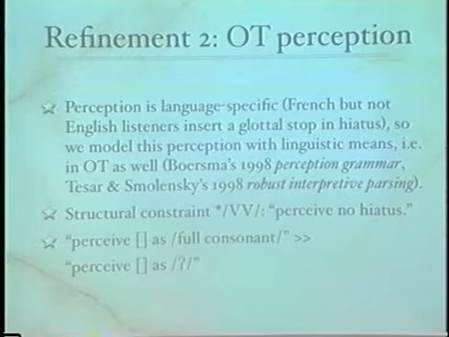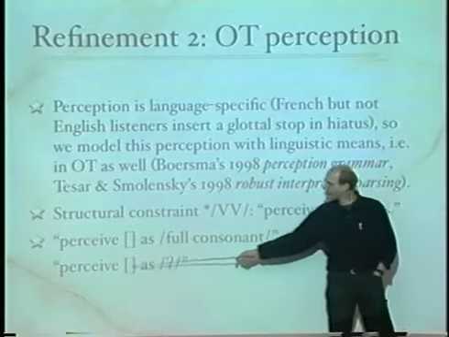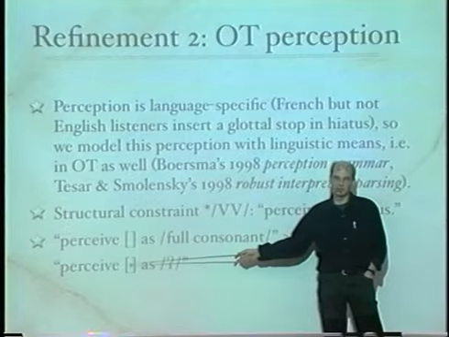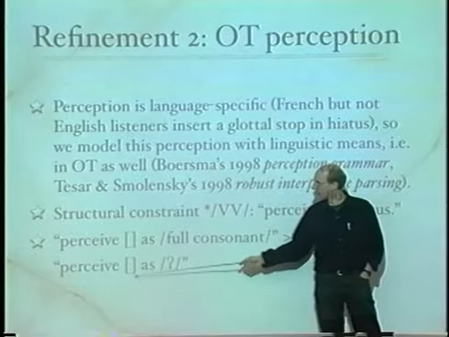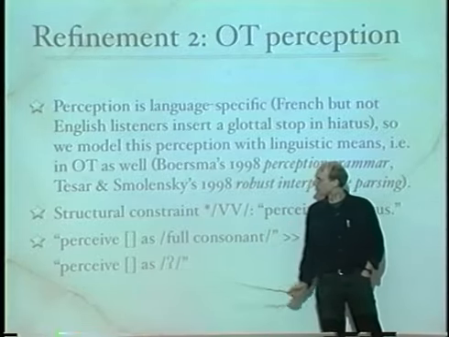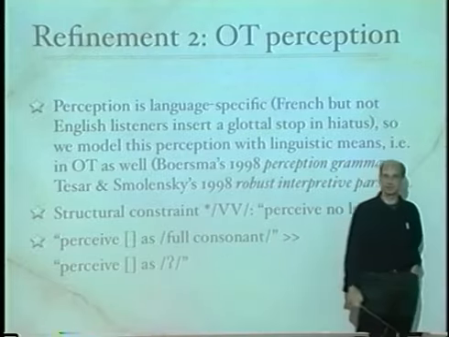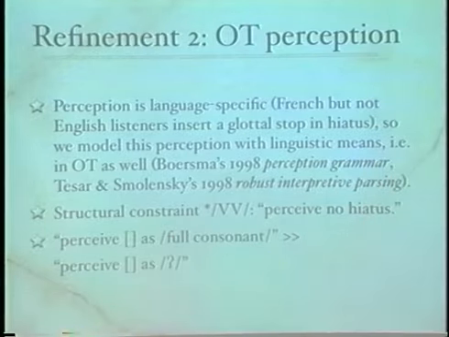And there's a constraint against perceiving nothing as a full consonant, or a constraint as perceiving nothing that's silence or really nothing, no duration. Silence has duration, right? There's really nothing. Perceive nothing as a glottal stop. Well, it's worse to perceive nothing as a full consonant than to perceive nothing as a glottal stop, right? We can believe that.